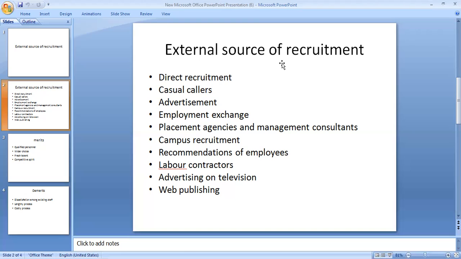And now the next thing to be discussed, one of the important and familiar external sources of recruitment, is advertisement. Advertisement is something we would have seen and watched very carefully, in daily newspapers and business journals.